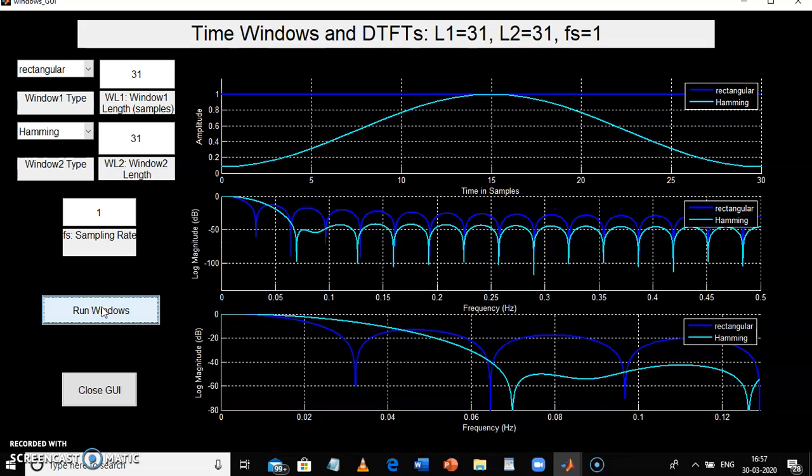For the Hamming window also, the blue is the rectangular window and the cyan one is the Hamming window.